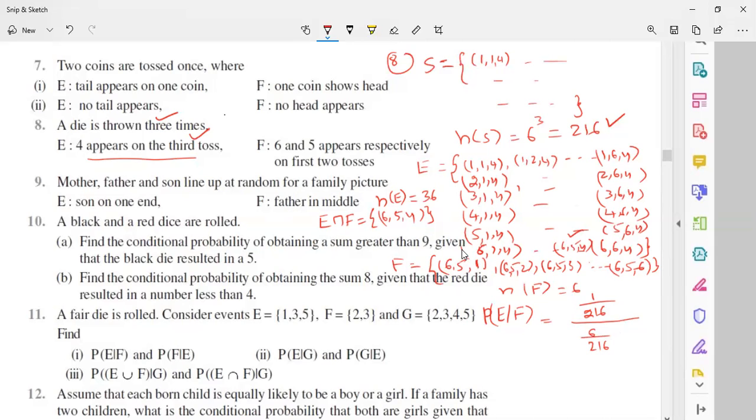So 216 will cancel, and we get 1 by 6. That's solved. So we got the answer. Okay, understood?